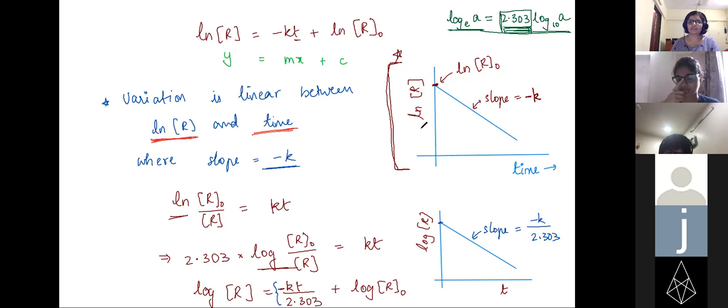So instead of natural logarithm, if I take log of concentration of R, it is this case. And intercept is also going to change accordingly. So this is going to be log of R naught instead of the natural logarithm.